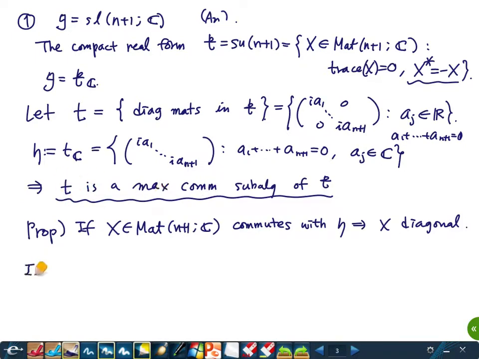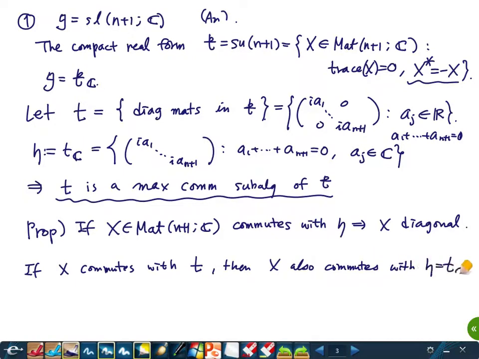Because if X in K commutes with T, then we want to show that X is in T. Actually, because H is merely a complexification of this, X also commutes with H, which is just a complexification.